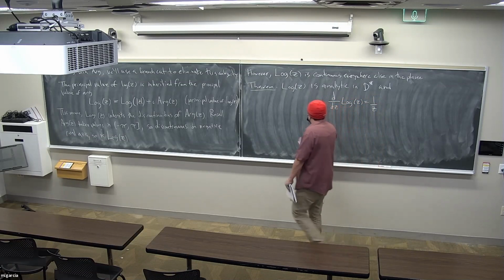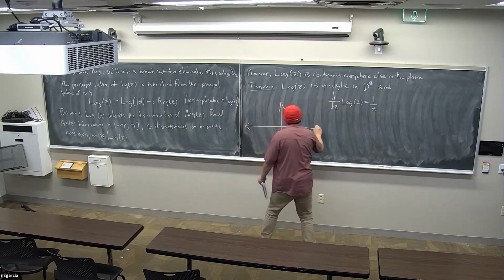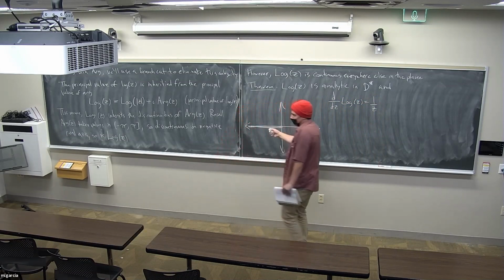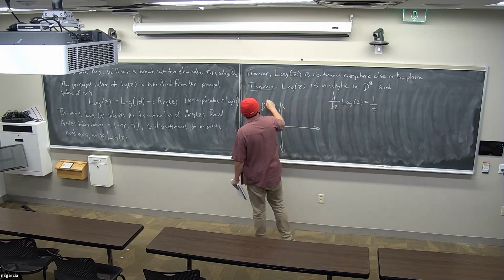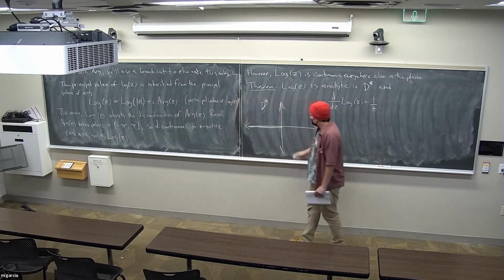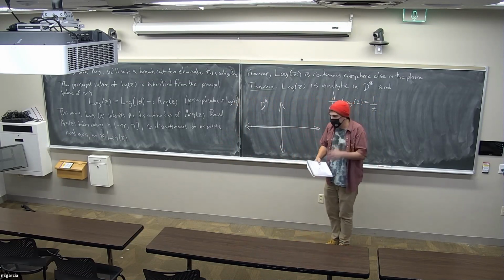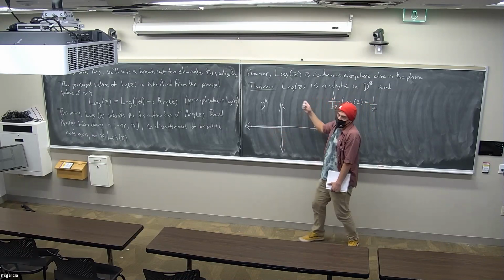Here's a picture of D star, taking this negative real axis out. This is D star, the plane minus this negative real axis. So the principal value of log z is analytic everywhere except for negative real numbers.